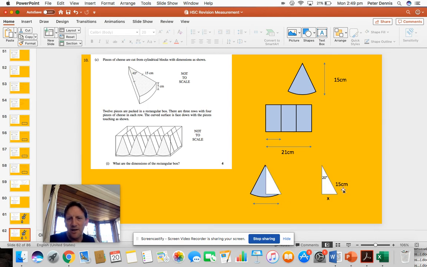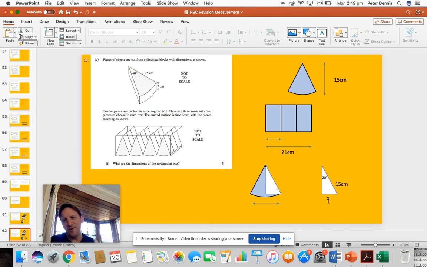Now, how did I do it? I broke it up into a little triangle like this. So it's half that triangle. This is 20 degrees. This is 15. We want to find what this x is. What's the nice thing about that triangle is that it is a right angle triangle. So what's that going to be? Opposite over hypotenuse.